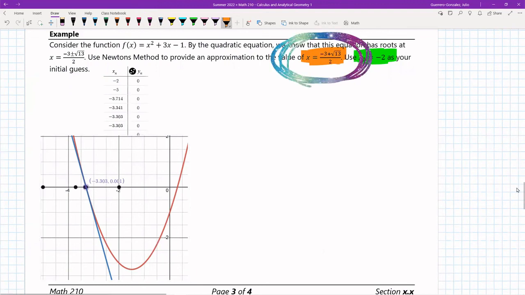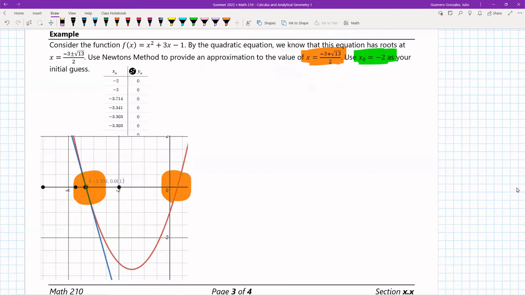So we were trying to look for this root way over here. But what did our process do? It found the one way over here. You guys see that? And the only difference is because we started out somewhere else. We started out at x equals -2, okay? So the process still worked out. It found us a root, just not the one we were aiming for. Does that make sense?